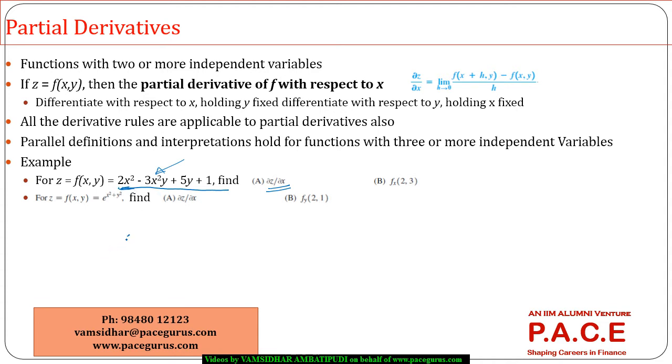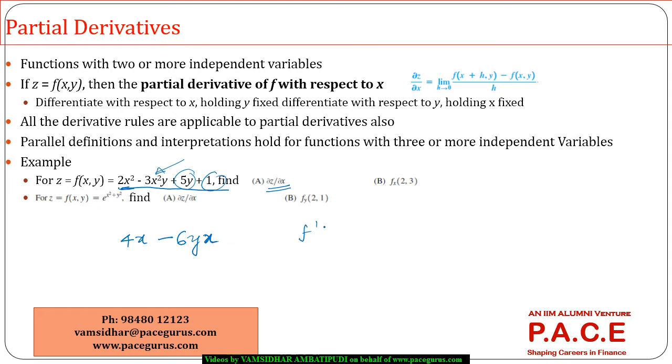Derivative of 2x squared is 4x, minus 3x squared y. 3y is a constant, so the derivative of x squared is 2x. So basically I'll get 6xy, because 3y is a constant times 2x, plus 5y. y is a constant, so the derivative of this constant is 0. So basically I'm going to get 4x minus 6xy.